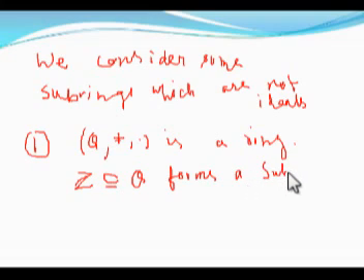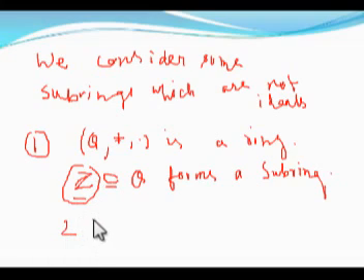So what we used to know is that it is a field also, and an ideal also. But we will give an example that it is a subring, but it is not an ideal. How? Take 2, which belongs to Z, since it is a set of integers.